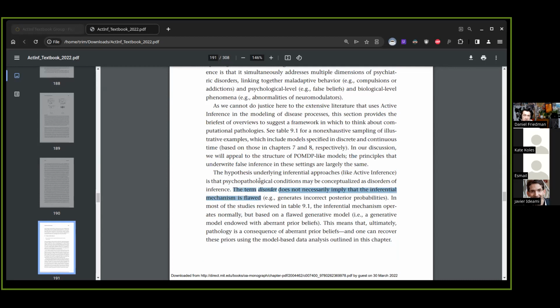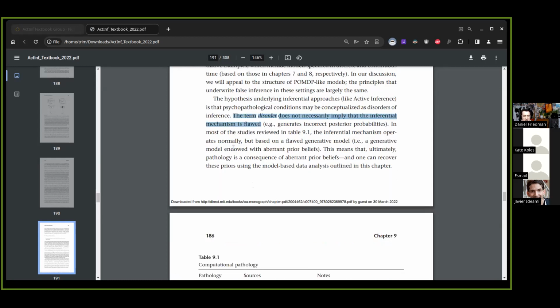They speak to this topic of Bayes optimality and disorder, and there's a ton to say about the socialization and pathologization of cognitive diversity and different people's contexts and everything like this.